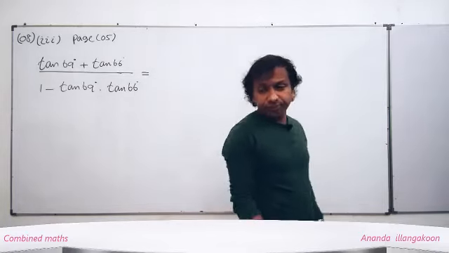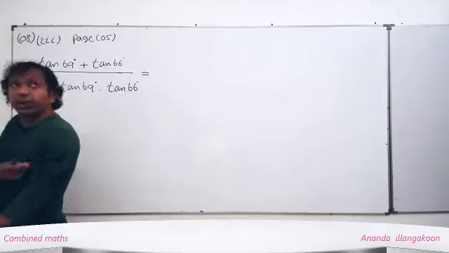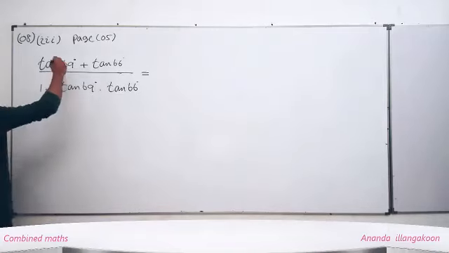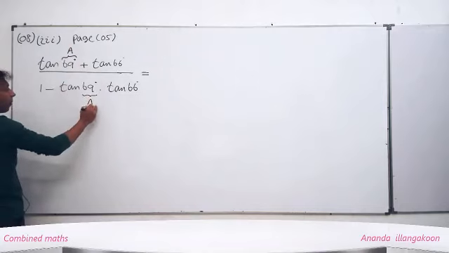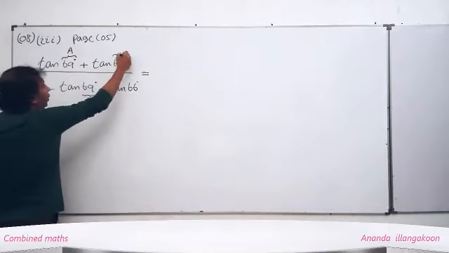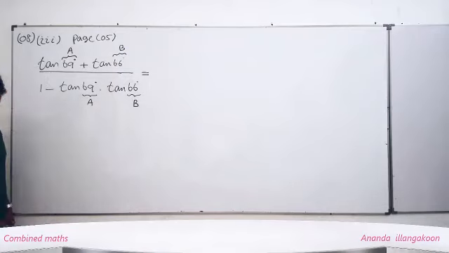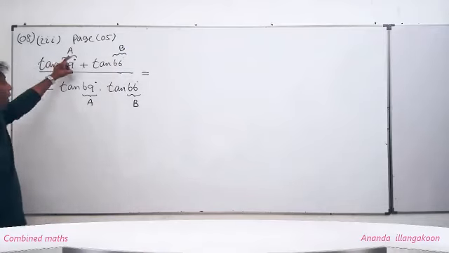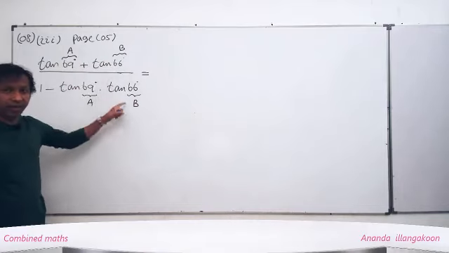Now here, you can take this angle 69 as A. Then here also we have A. When you take this as B, here also we have B. Then see, what is this, people? This is like tan A plus tan B divided by 1 minus tan A tan B.